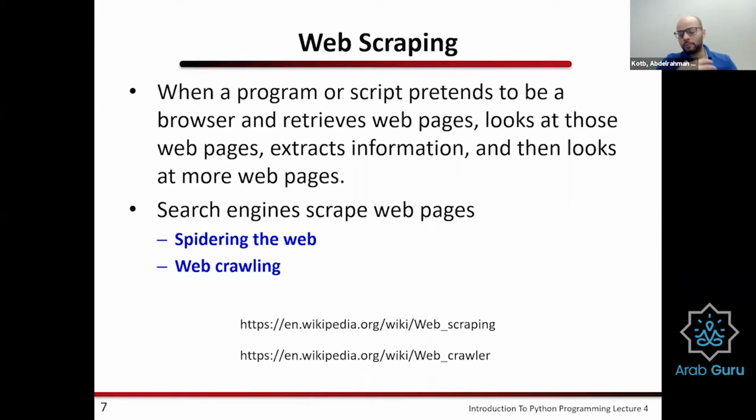This is done in less than a second by accessing as much information as it can. This process is called spidering the web, because it's like you're creating a spider web that goes through all the internet, at least all the accessible internet, also referred to as the web.